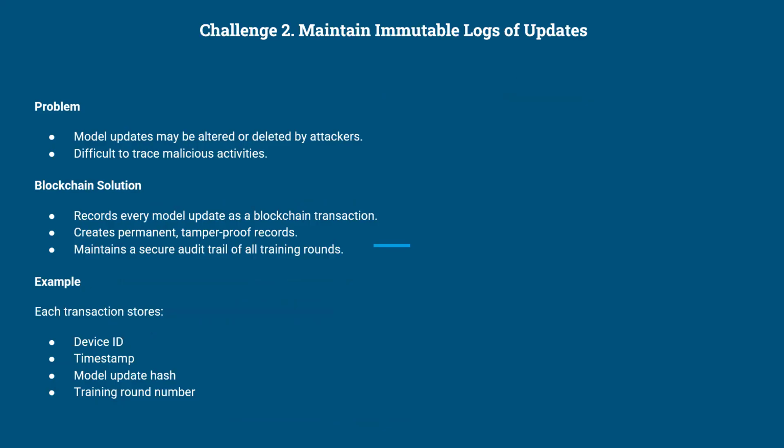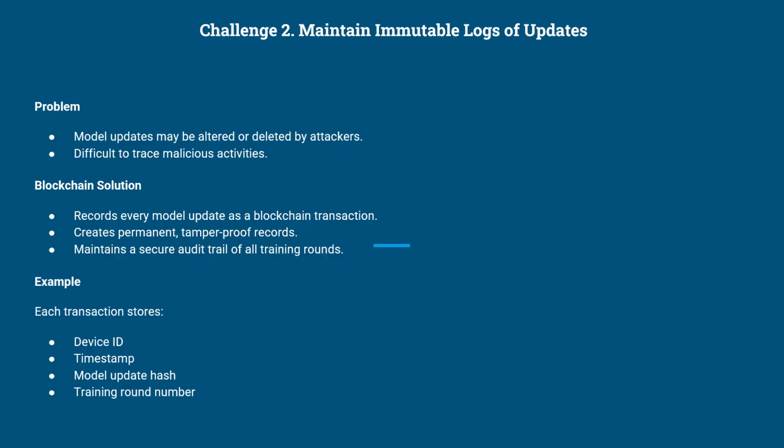The next challenge is that model updates may be altered or deleted by attackers. There can be chances of intentionally altering the model updates, or the model updates can be deleted, so it is very difficult to trace such malicious activities. Blockchain is introduced as a solution, because it records every model update and provides immutable log updates.